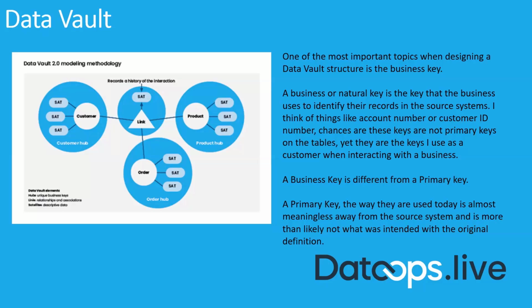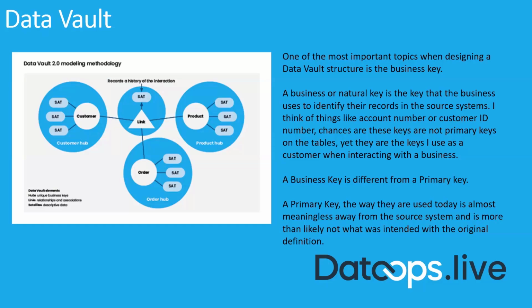So one of the most important topics when designing a Data Vault structure is the business key. And Dan has lots to say about what a business key is, and I'm not going to try to duplicate what he says, but a business key is how an end user, an analyst, is going to identify potentially a customer.